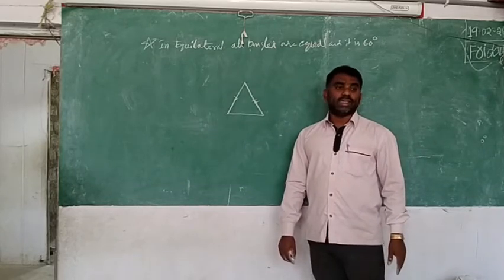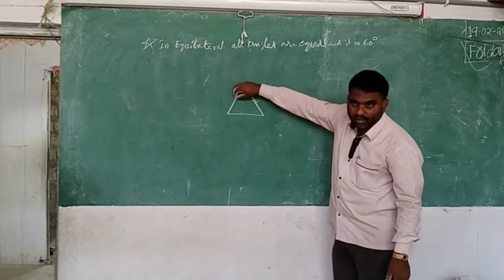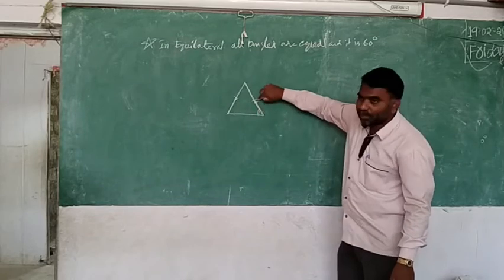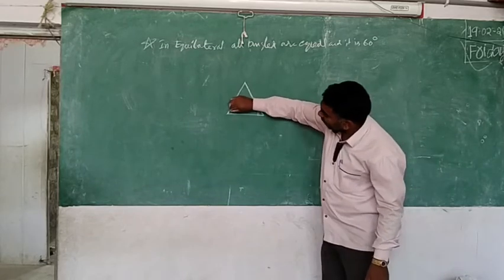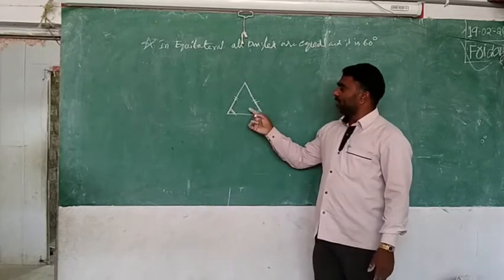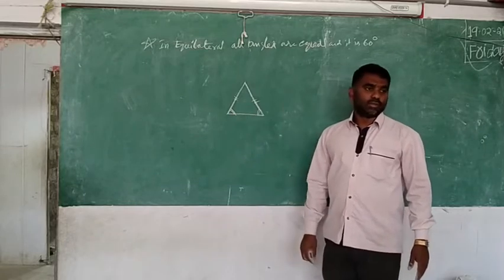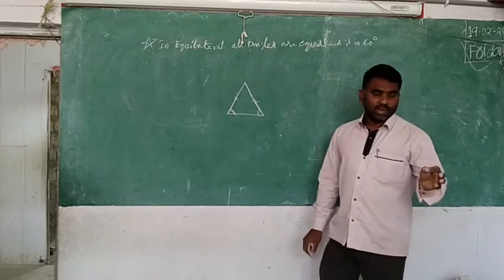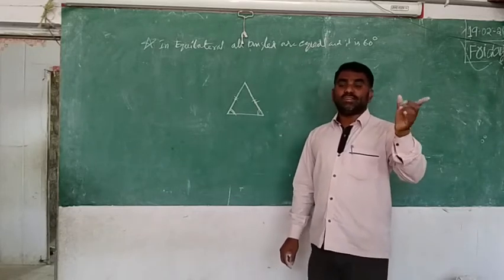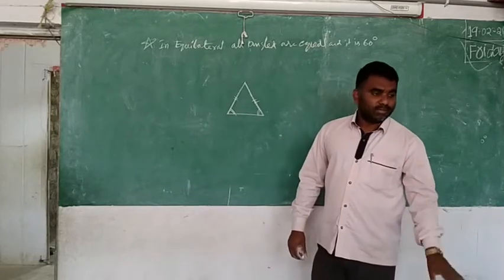This one's opposite angle is here, and this one's opposite angle is here. These two angles are also equal compulsorily. If it is 40, this is also 40. If it is 50, this is also 50. You understand the property? In an isosceles triangle, the opposite angles of equal sides are equal.